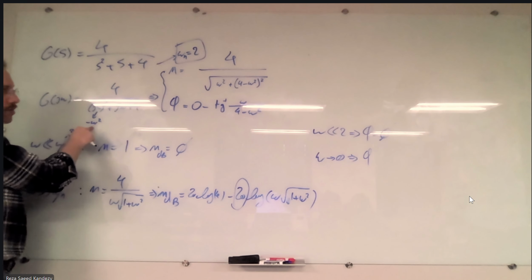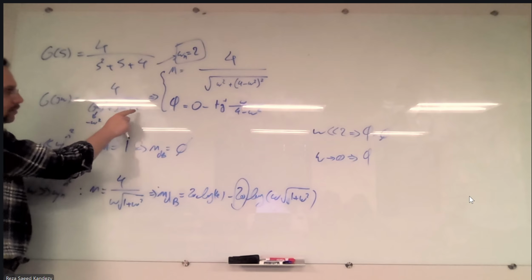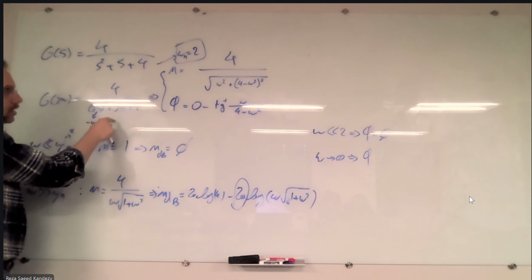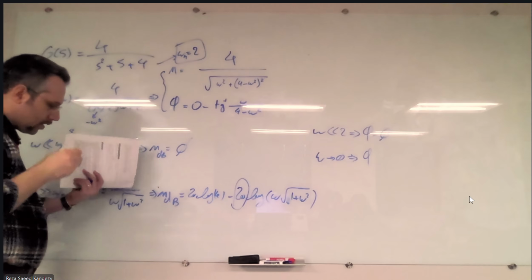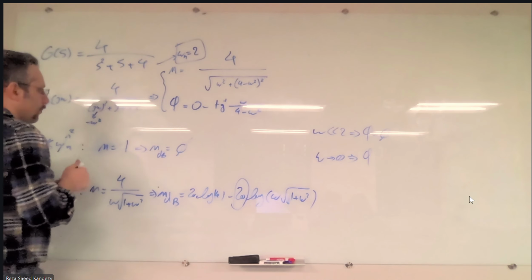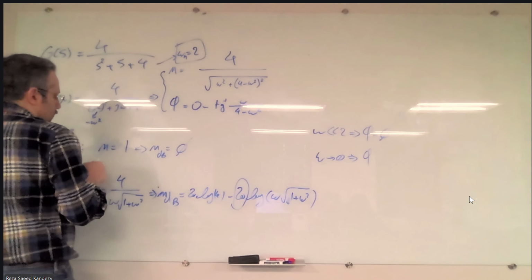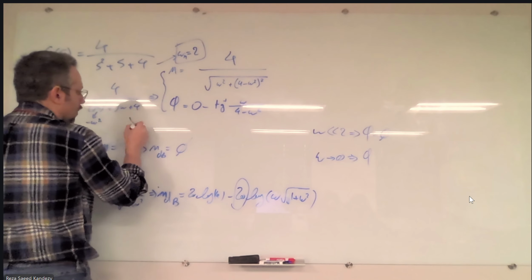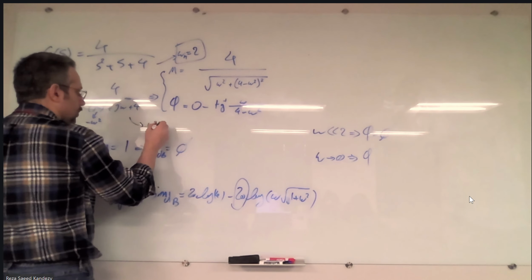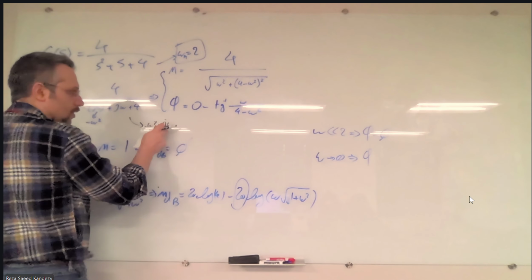If omega goes way bigger than omega n, this is not a real factor, okay? So this denominator basically becomes minus omega squared plus j omega, okay?